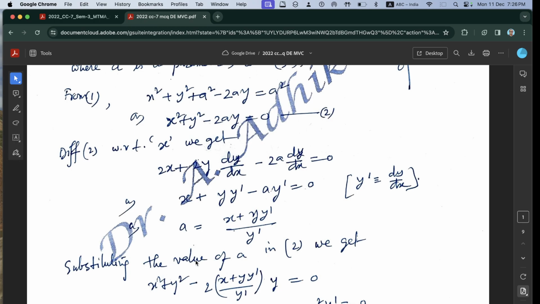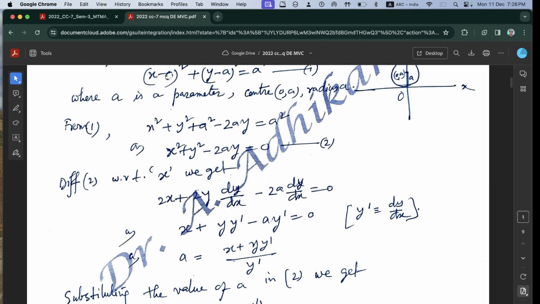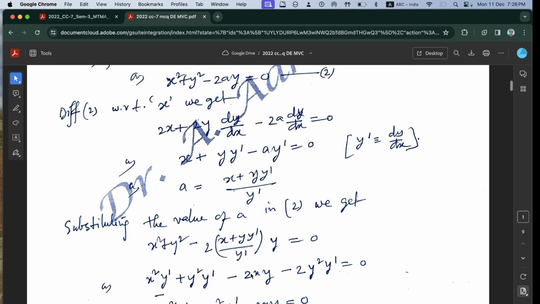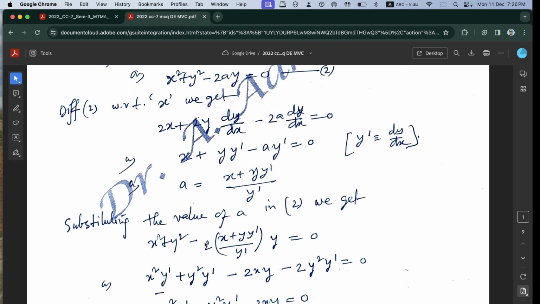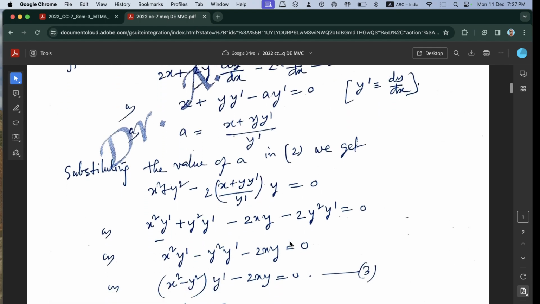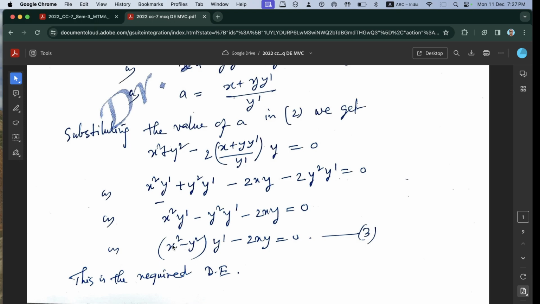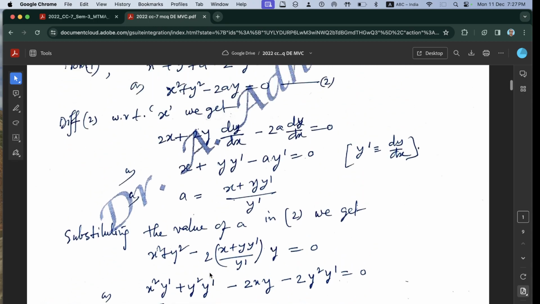Substituting this value of a in equation 2, we get x square plus y square minus 2 (x plus y') divided by y' into y equal to 0. After simplification, we get (x square minus y square) y' minus 2xy equal to 0. This is the required differential equation.